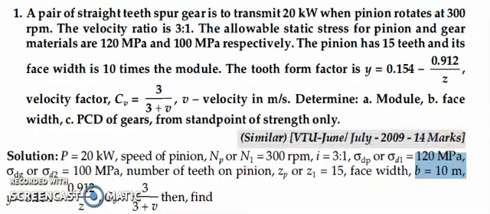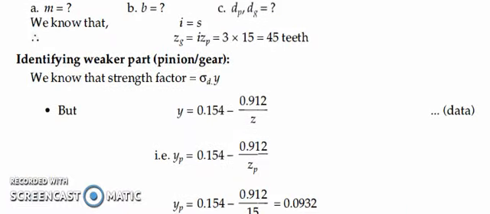They are already given these values. So these are the given data. First of all, after reading the question, identify what parameters are given. Then after that we need to write the design steps, as I already discussed earlier. You can write all the design steps first. After that we can solve that problem.